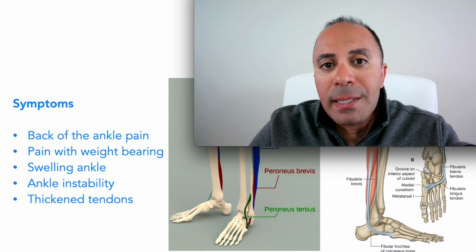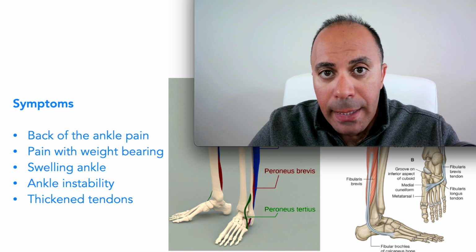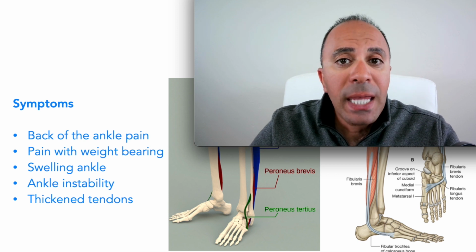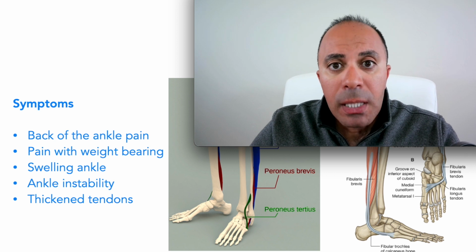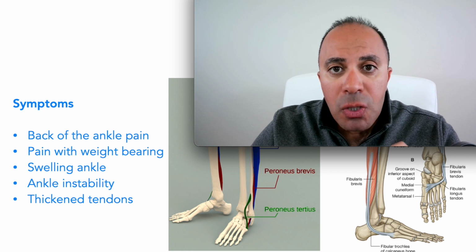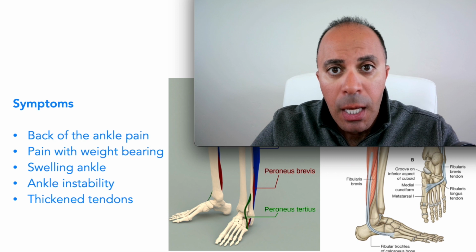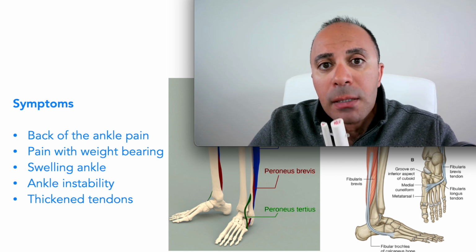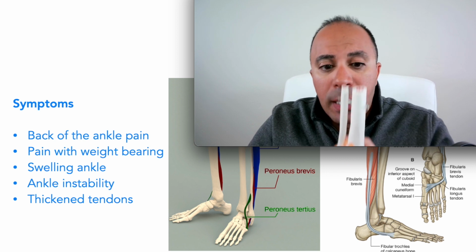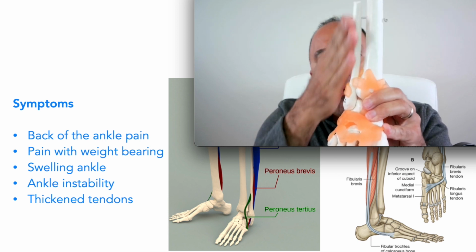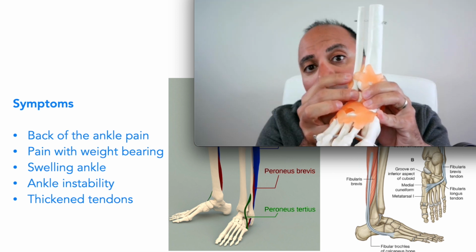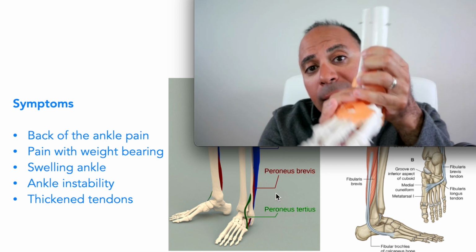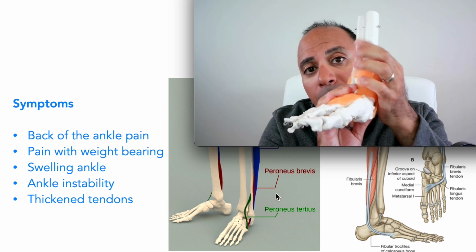So what are the symptoms of peroneal tendonitis? By definition, anything with "itis" is inflammation, and typically when you have inflammation, there's always scar tissue with it. With peroneal tendonitis, you might experience pain on the side of your leg and foot, swelling in this area, and ankle instability or weakness.